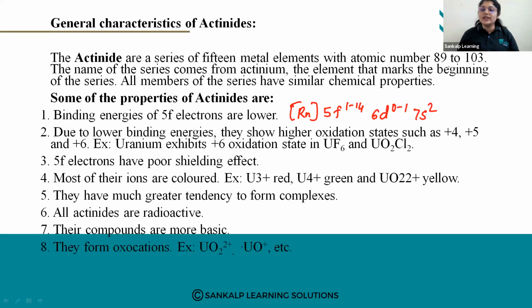This is the first property, the electronic configuration: radon 5f 1 to 14, 6d 0 to 1, and 7s2.